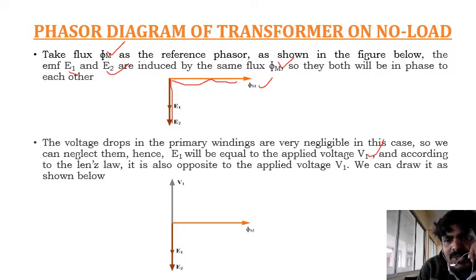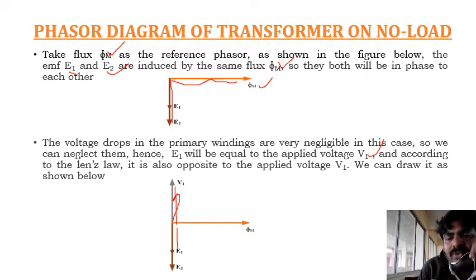But according to Lenz's law, their directions will be opposite. So we draw the V1 phasor exactly opposite to the E1 phasor, as shown here.